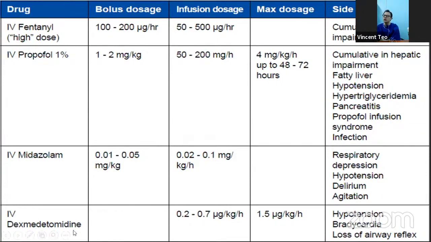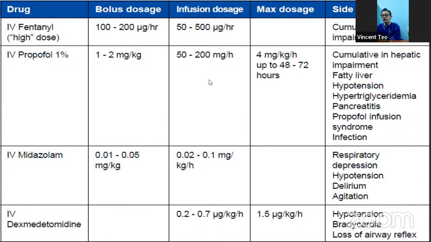However, the concern about the use of propofol is that it will cause a great amount of hypotension and some degree of bradycardia. So when you give propofol as an infusion, there may be a need to put the patient on inotropes or vasopressors.